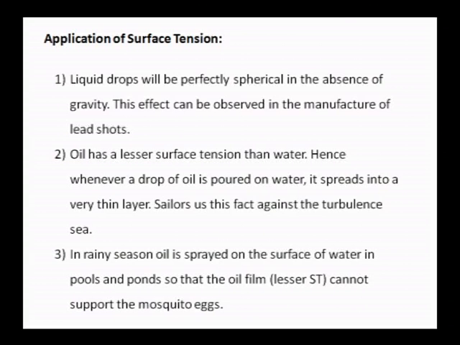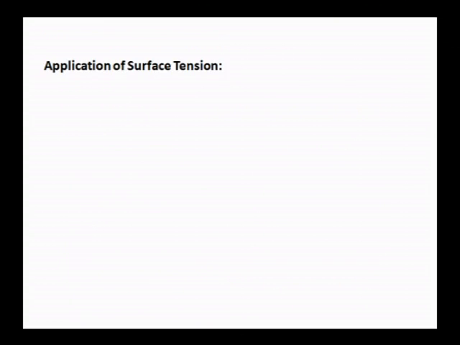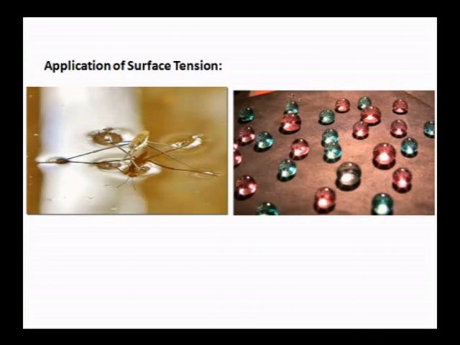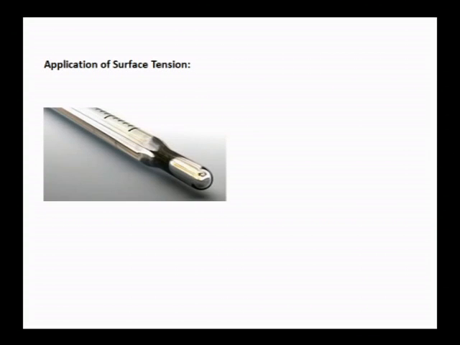In rainy season, oil is sprayed on the surface of water in pools and ponds so that the oil film will reduce the surface tension and it will not support the mosquito eggs, as in this figure. This is an example of lead shot. Surface tension is also used in thermometers.